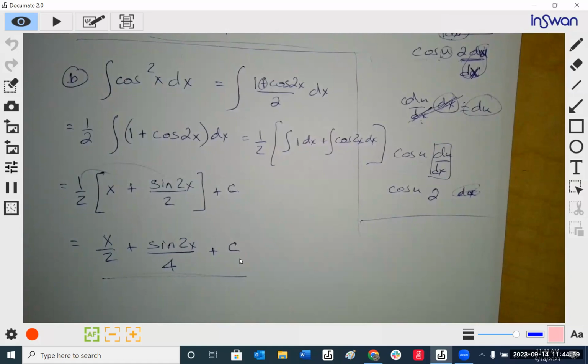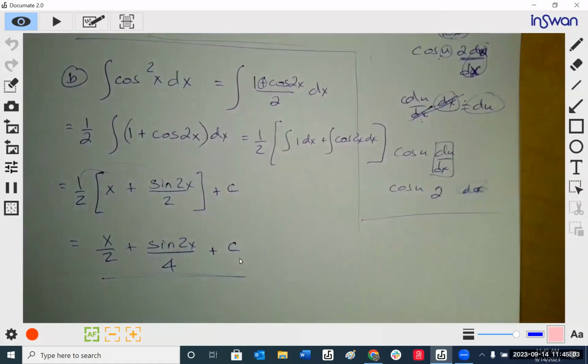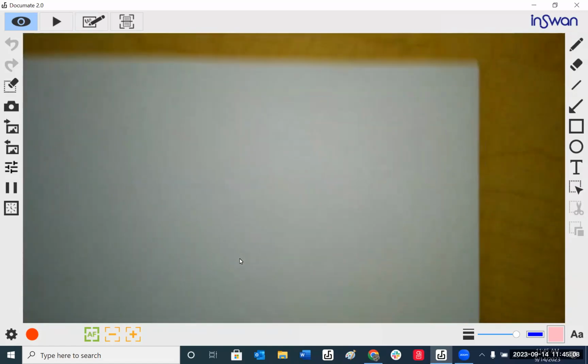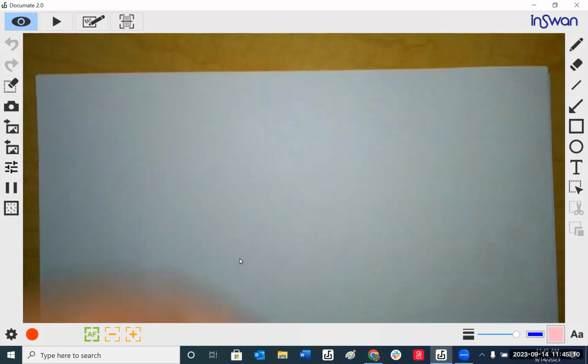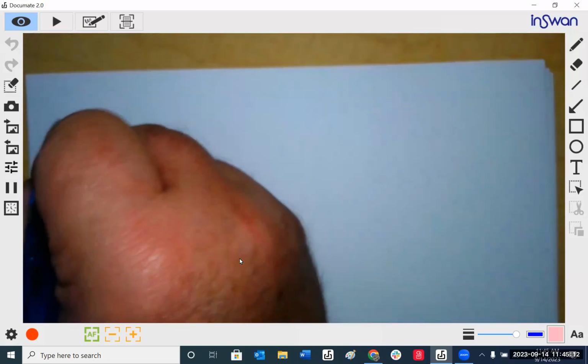So that is how we use the trig rules to manipulate our equations. Let's do a couple more and we'll call it a day because it's almost noon already.